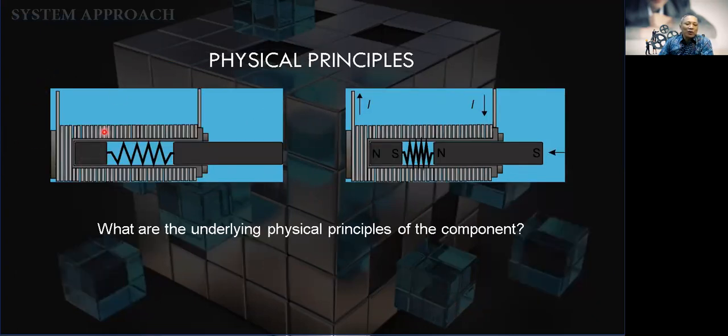So when the current is flowing, what are the underlying physical principles of the components? The current goes in here through the coil, so this core is energized and becomes magnetized, north and south. This one also north and south, because they are basically going through the same direction of winding.